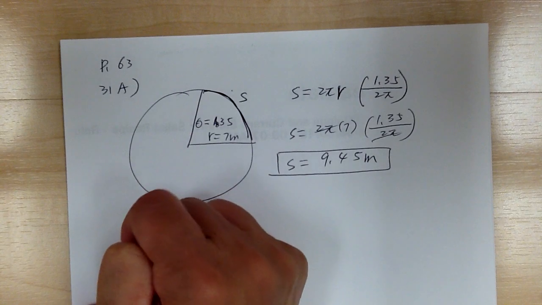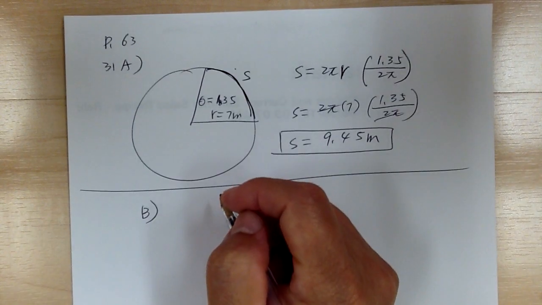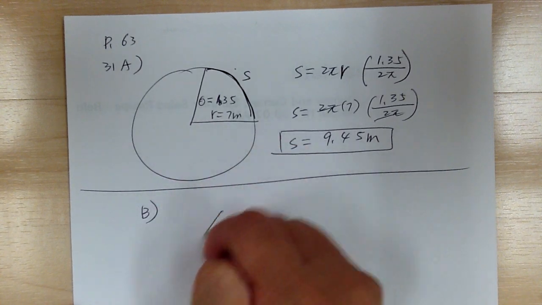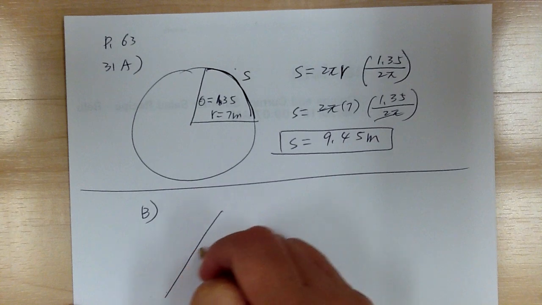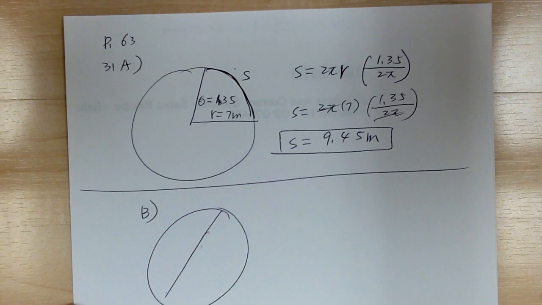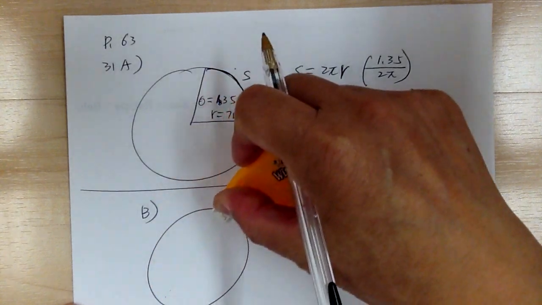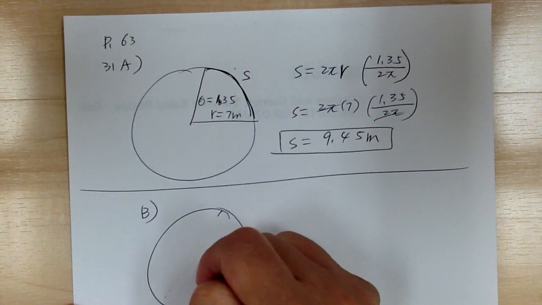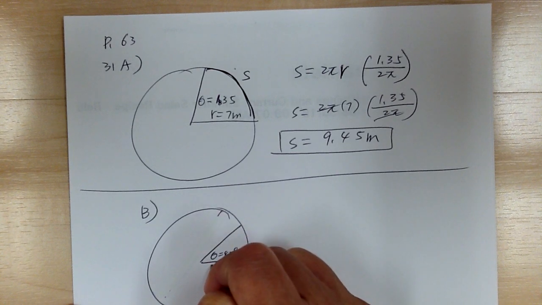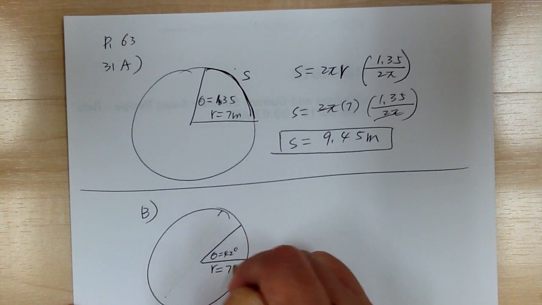Okay, let's go to B. Okay, B, you have 42 degrees, and r equal to 7 meters.